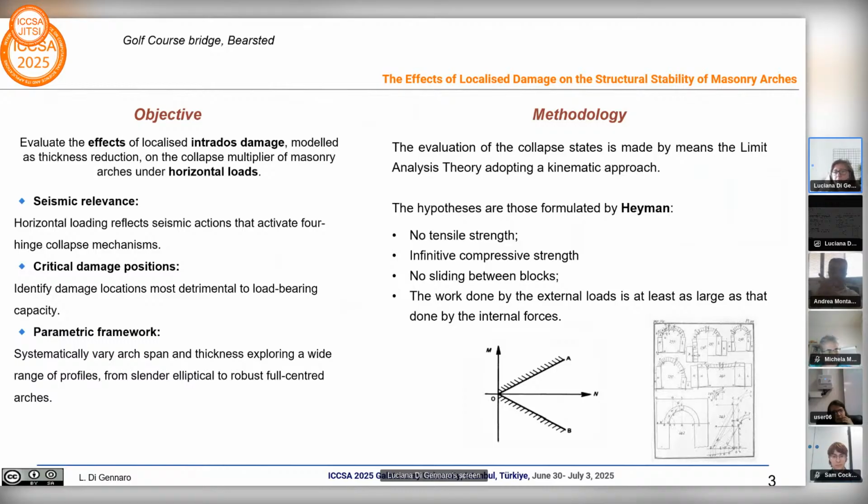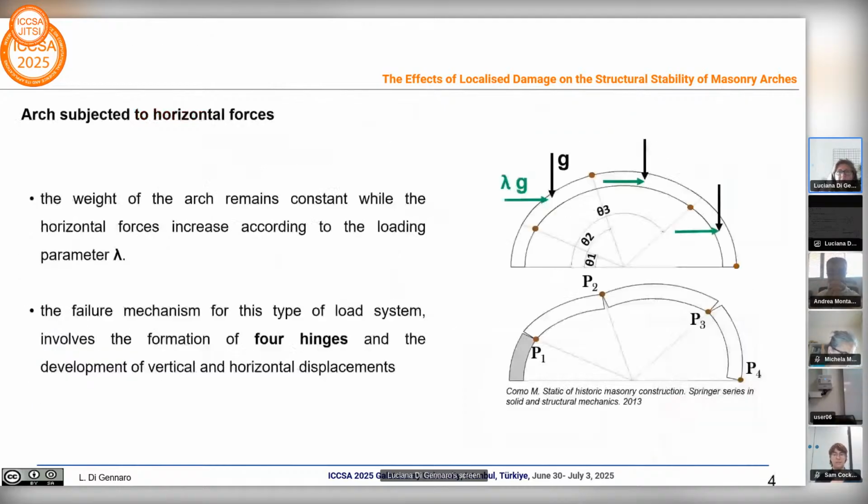The study moves within the limit analysis theory, adopting a kinematic approach with respect to the Heyman hypotheses. In this slide, you can see the hypotheses related to the analyzed load condition and the assumptions of the procedure. The weight remains constant while the horizontal load increases according to the multiplier lambda.